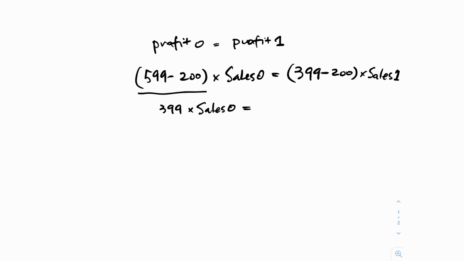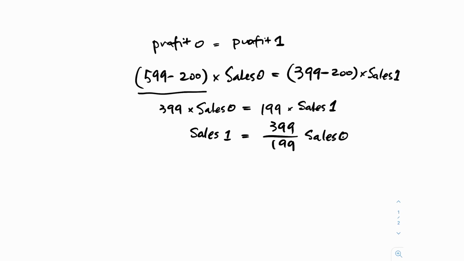To calculate these numbers, we first calculate the profit margins both before and after, and then we transform the equation. What we get is that the sales after the price change are slightly over twice the sales before the price change.